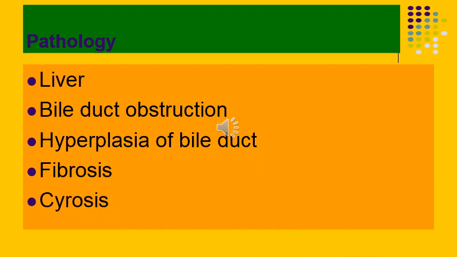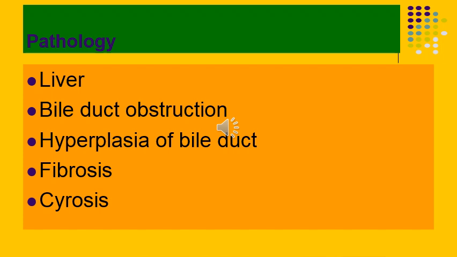In the next slide, we are going to consider the pathology of Dicrocelium dendriticum on the host organs. At first, we have to pay attention to the liver, because this worm lives in the bile duct and in the gallbladder. So we are going to consider what happens. Usually, when there are not a lot of worms, we do not see any problem in the bile duct.